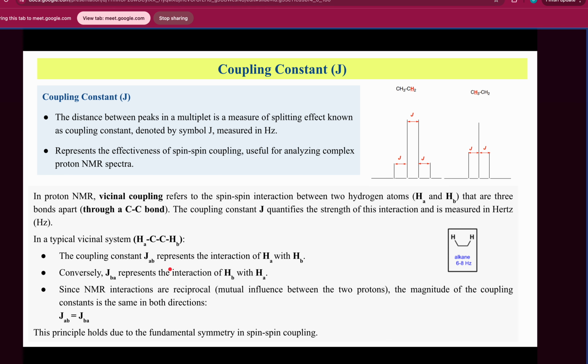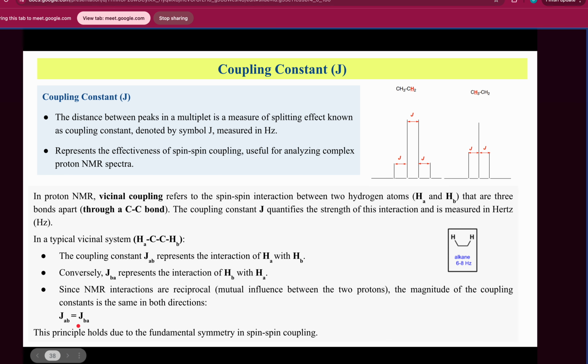According to this system, the coupling constant JAB represents the interaction of HA with HB. And JBA means we are looking at the interaction of HB with HA. Since these interactions are reciprocal, meaning a mutual influence between the two protons, the magnitude of this coupling constant should also be the same.